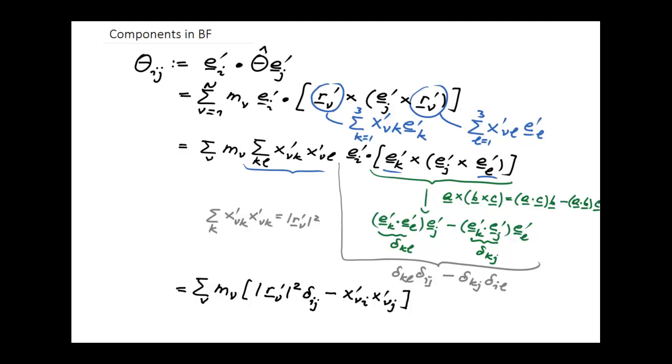And in fact, all components of the position vector are constant in time, because with respect to the body fixed frame, of course, the point nu doesn't move. So the components x prime nu i of the position vector are constant in time. So this matrix element, this component, is time independent, like all the x prime nu i's.